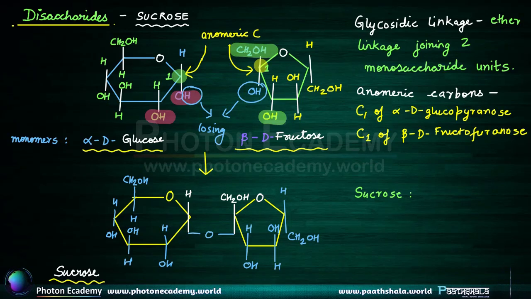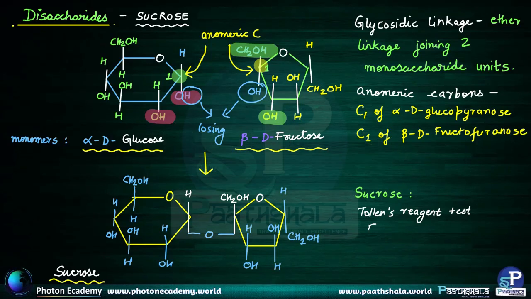But the main point of highlight here is that when Tollens reagent comes in contact, the Tollens reagent test as well as the Fehling solution test, both these tests in sucrose are negative.